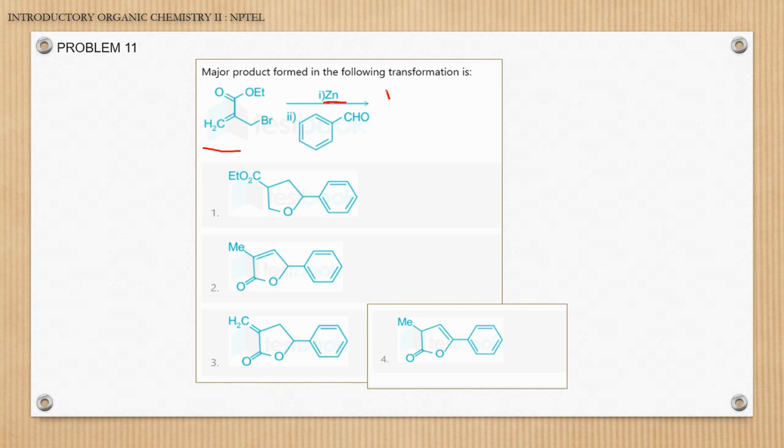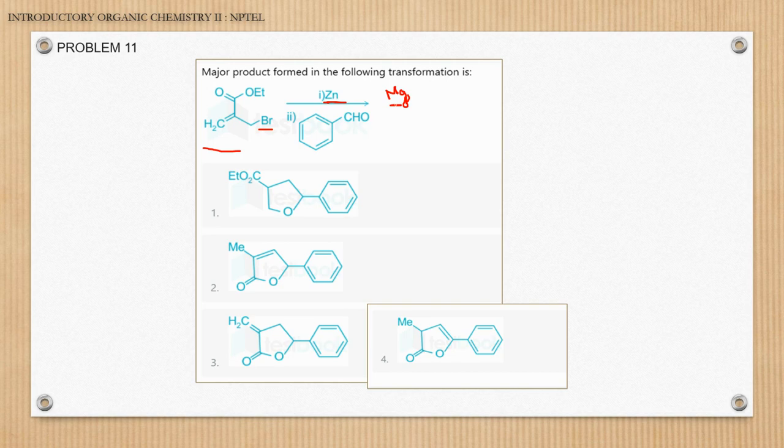If I take magnesium in the place of zinc, then what will magnesium do? Tell me, guys, what will happen? You have this Br in the starting material.